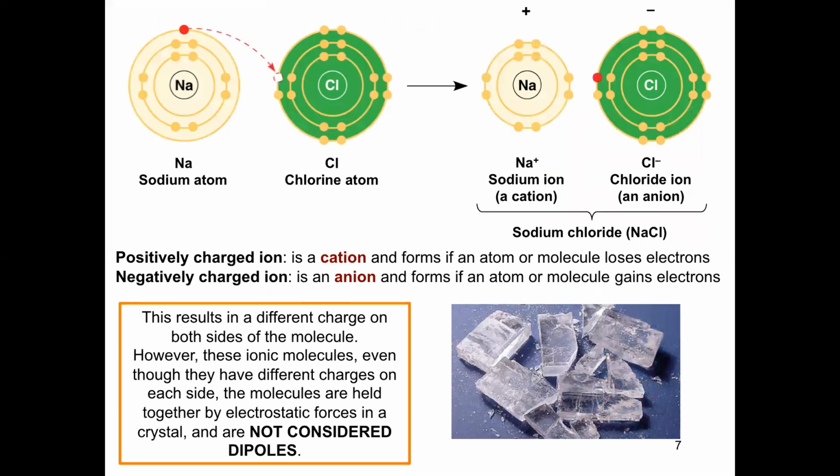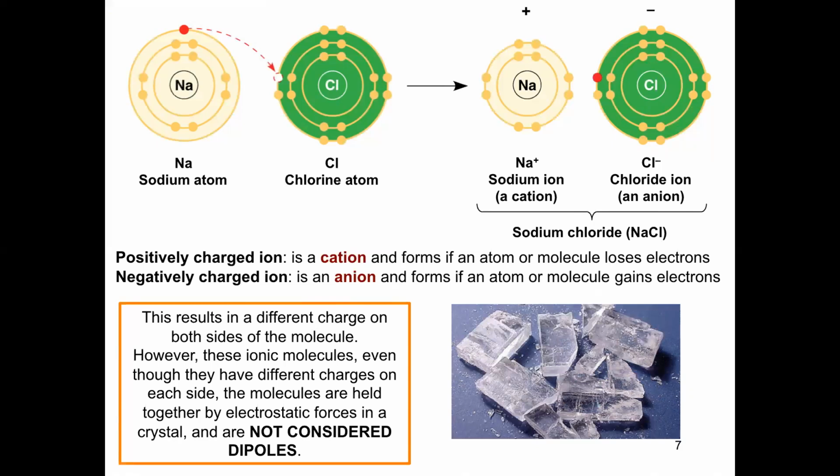Now, this is different than what we had with an ionic compound, all right? So even though you have a positive and a negative charge, right? Remember, the positively charged ion is the cation, and the negatively charged ion is the anion, right? And they form these beautiful crystals, all right? These are not considered dipoles because these atoms have different charges, okay?